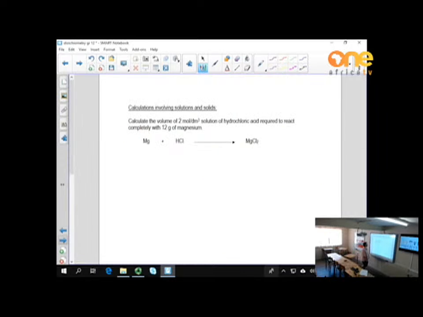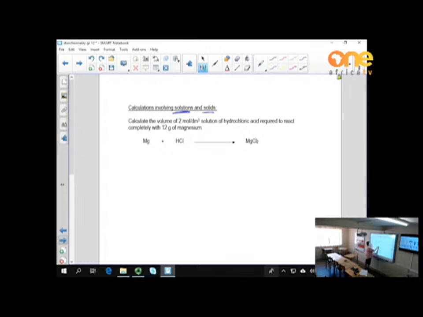Another one. Here we have a solution and a solid. They give us the equation. Magnesium reacts with hydrochloric acid and it forms magnesium chloride. The first step is to balance your equation. Probably they might give it to you, sometimes they don't.